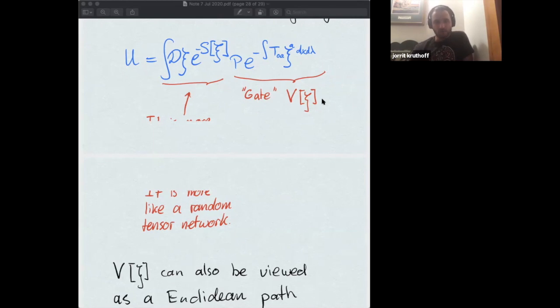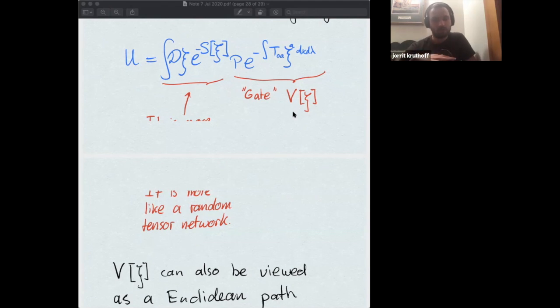And what I'm basically saying is that this V can be viewed as a Euclidean path integral in the lambda direction, so in the radial direction in the bulk. And this is, of course, really like a tensor network interpretation for this V, because it is a spatial slice object in the AdS3 bulk.